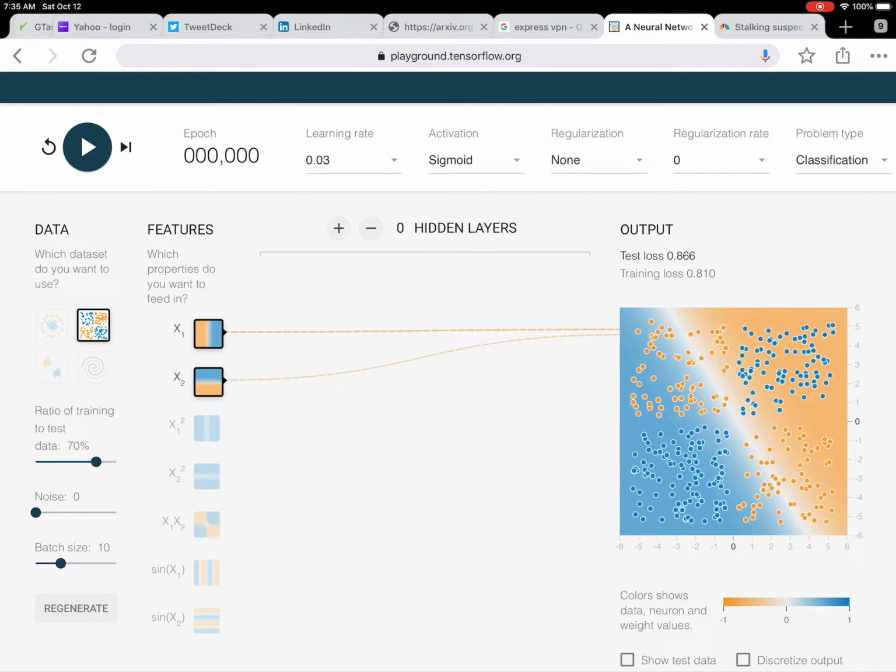In this particular case, there is no single hyperplane that separates the blues from the yellows.